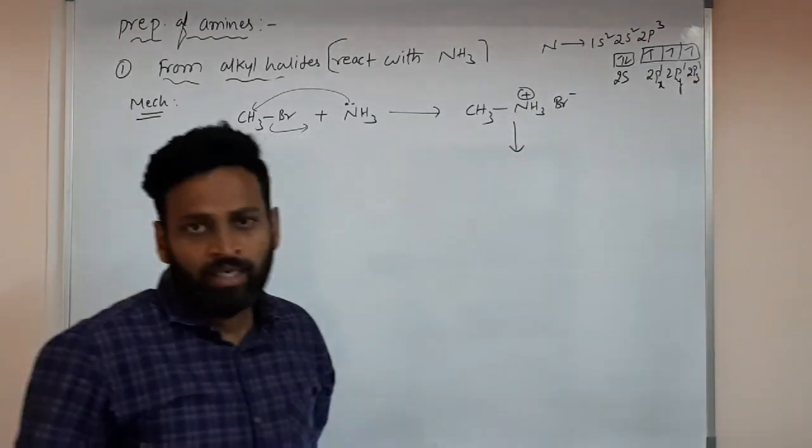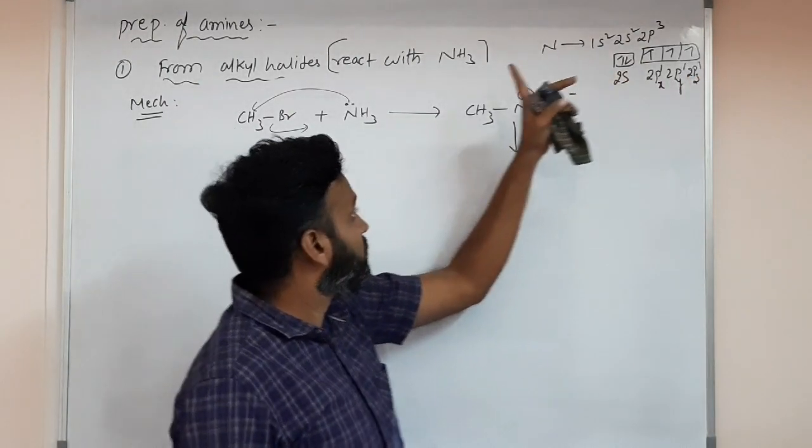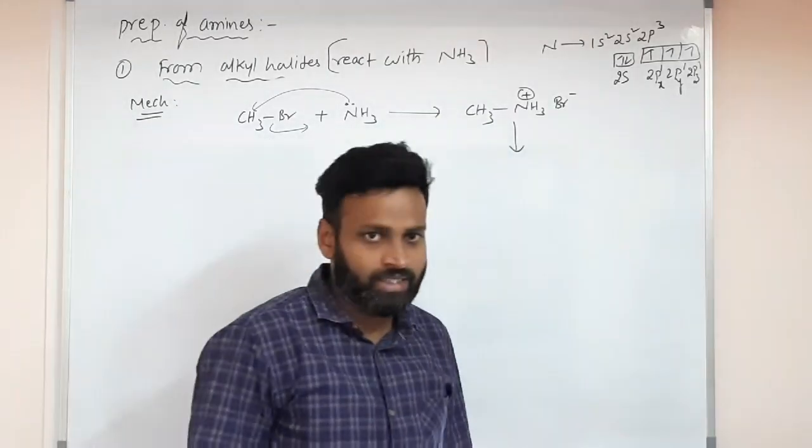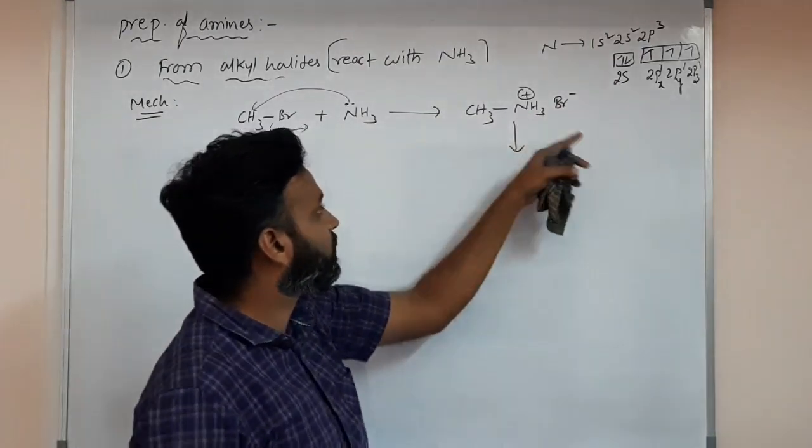By using 3 unpaired electrons, nitrogen can form 3 bonds with stability. But by using the lone pair, it forms a 4th bond.